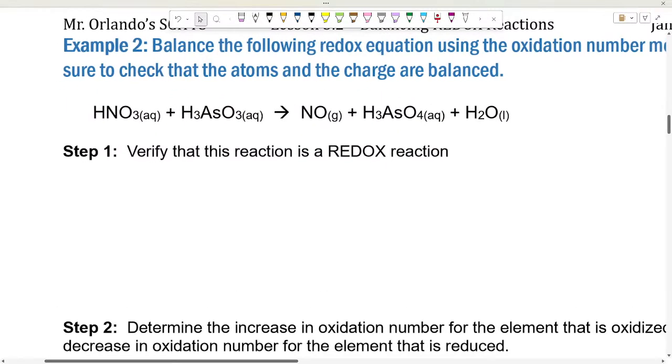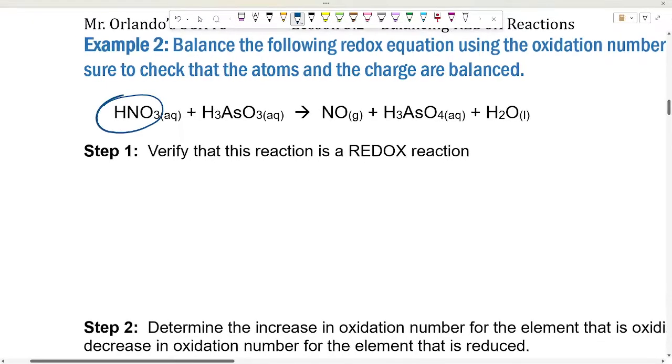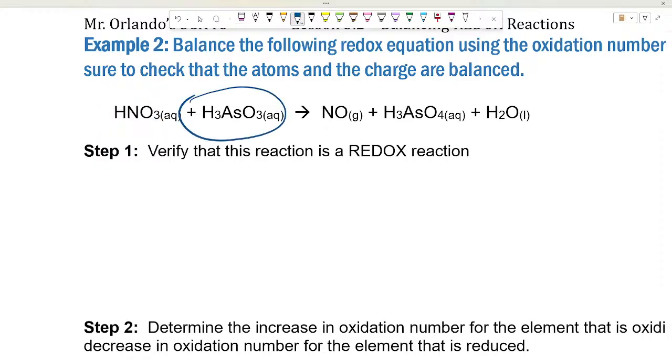Which is if you take HNO3, which is what? Nitric acid, and react it with H3AsO3, you will get nitrous oxide as a gas, H3AsO4, that's arsenate, I'm assuming.